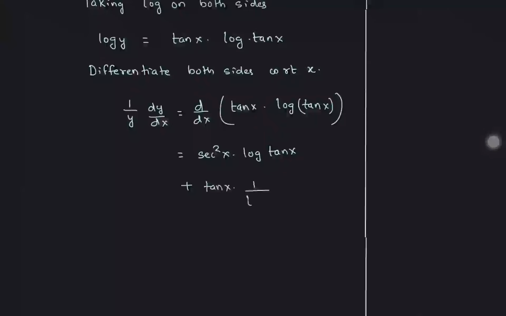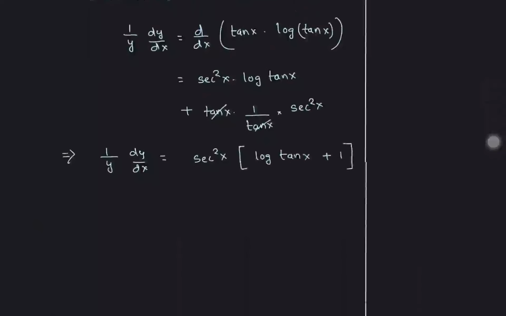That's nothing but 1 over tan x multiplied to derivative of tan x, that is sec square x. So tan x and tan x get cancelled. So you can say you are getting 1 over y dy over dx will be equal to, you can take sec square x common from both the terms, you are left with log tan x plus 1.